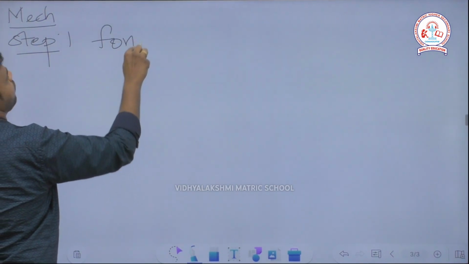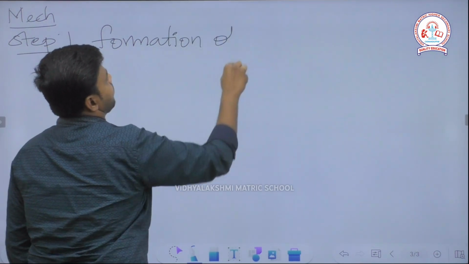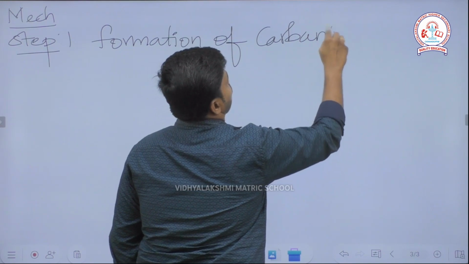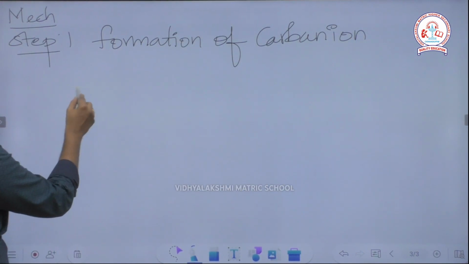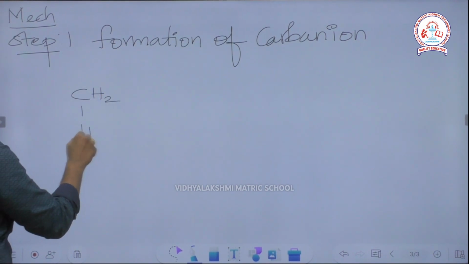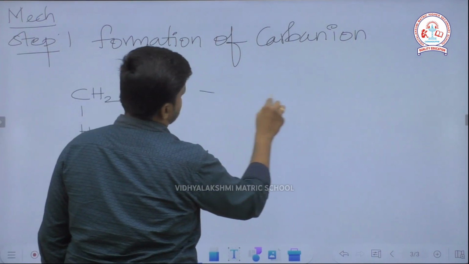Formation of carbanion. Step 1 is formation of a carbanion. Let me take one aldehyde, which is CH3CHO. One of the aldehydes I have just taken.